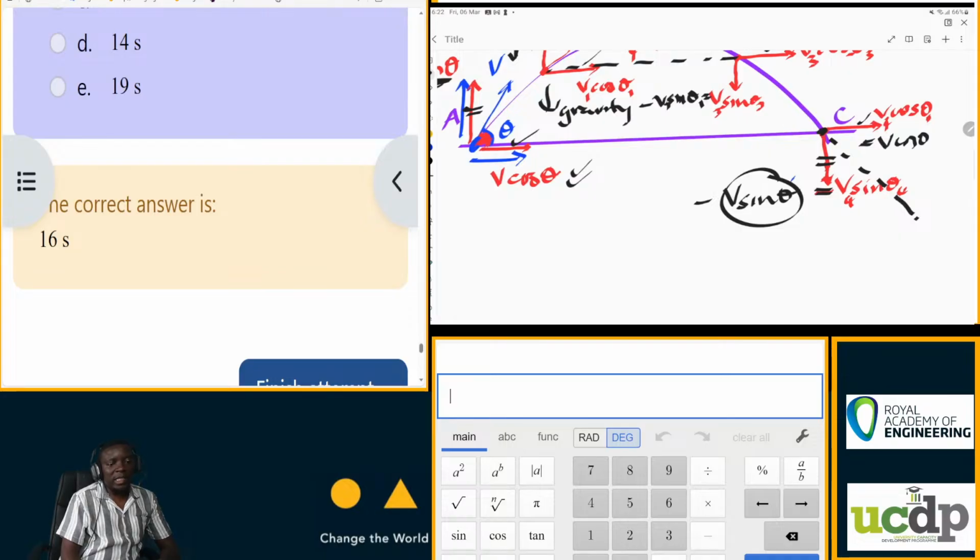So that's the reason why the motion in the x has no acceleration, it is constant. Whereas the motion in the y is acted upon by gravity. So it decreases when we are going up until it gets to 0 at maximum height, and then increases downwards until probably you hit the ground.